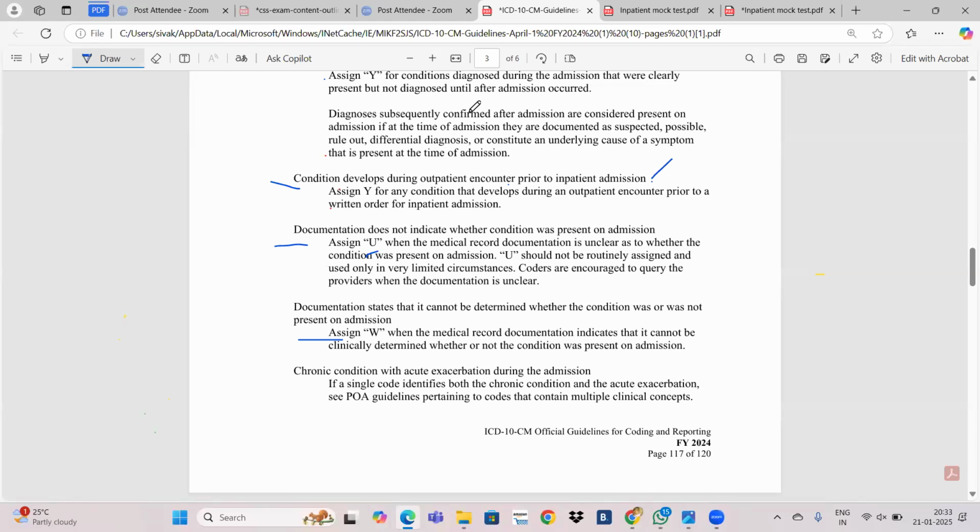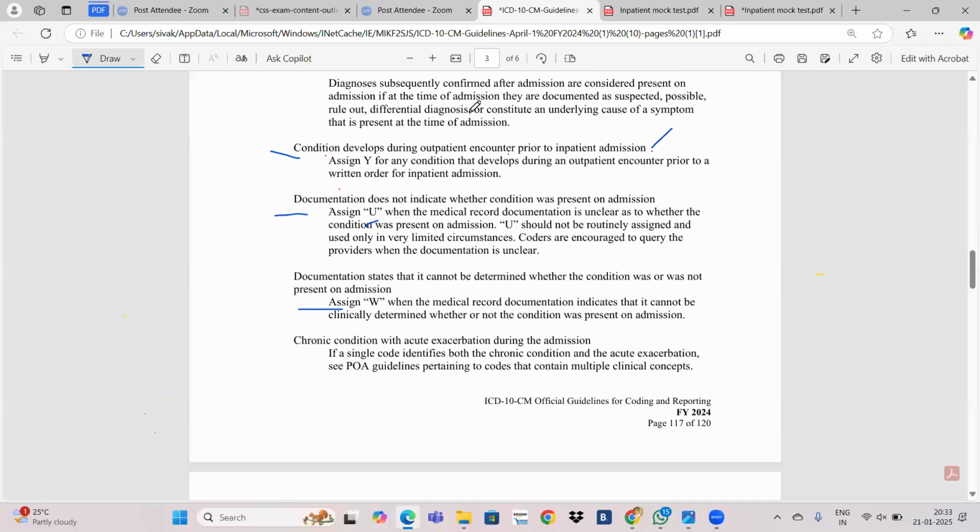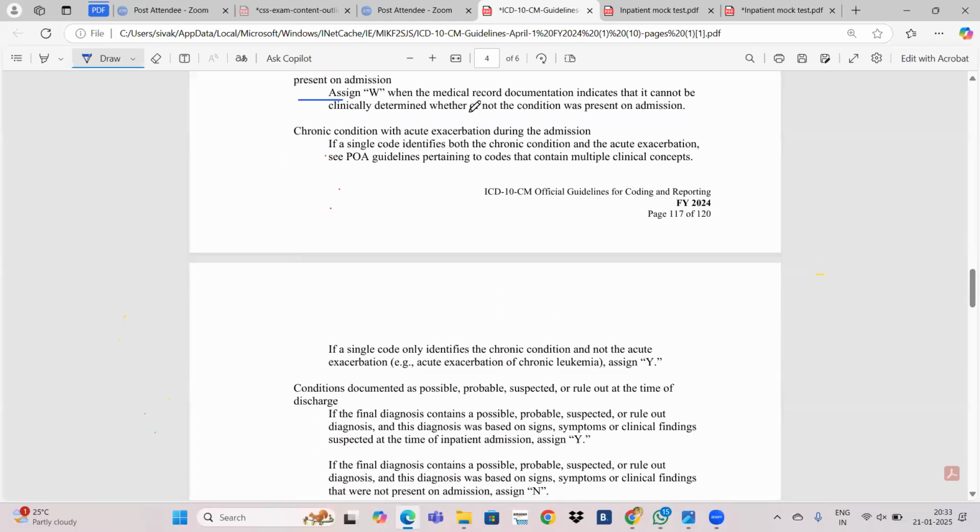The answer is W. Clear? This question you will also get in the exam. Provider unable to determine, W. No time frame for assigning the POA.